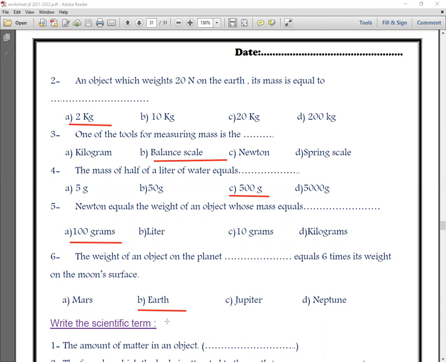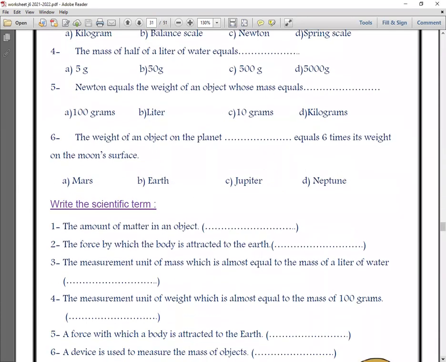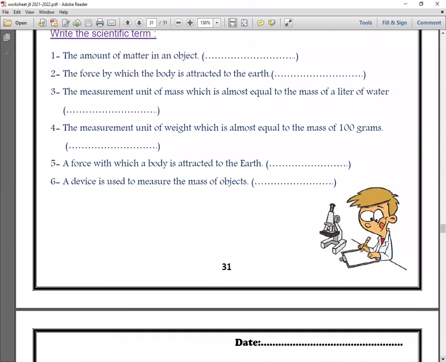Okay, write the scientific term here. The amount of the matter in an object is called mass. Number 2, the force by which the body is attracted to the earth is called weight.